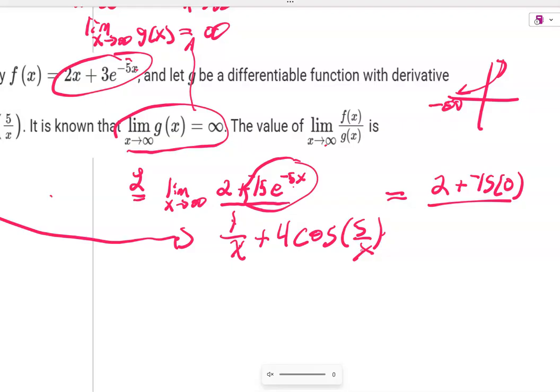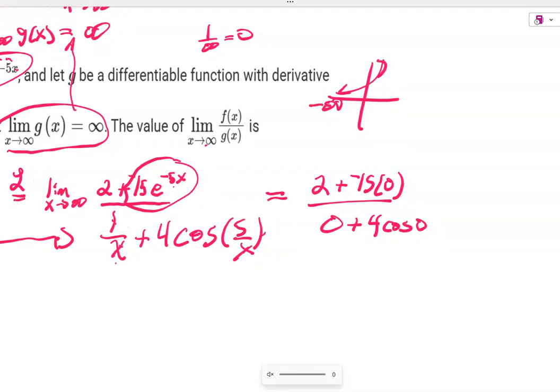Down here, 1 over something super big. Remember, 1 over big is small. So if you had like a 1 over infinity, that's going to 0. And 5 divided by something really big, that's going to be cosine of 5 divided by something big, that's 0. Well, we just did the cosine of 0. That's 1. So this is a 2 all over 4 times a 1.